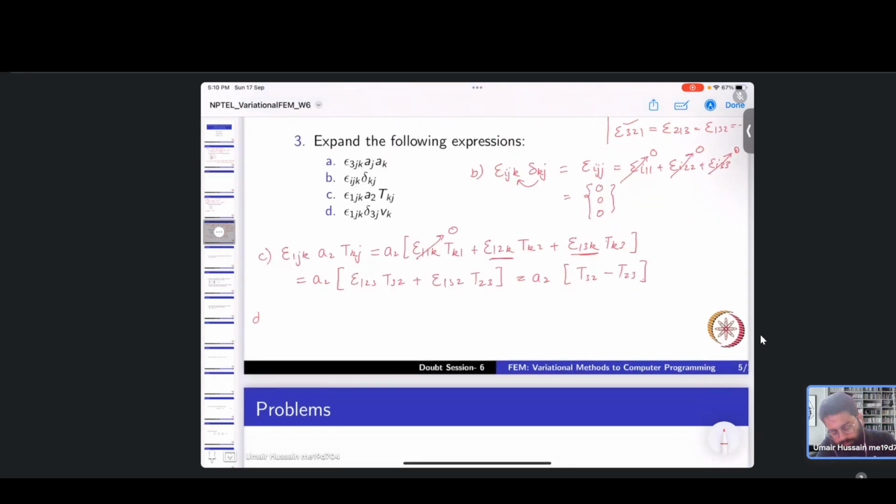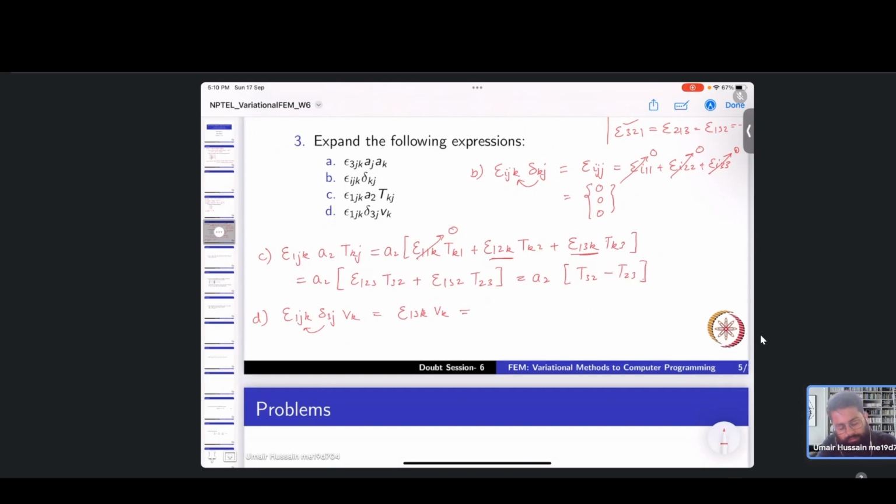Then we expand the d part, epsilon 1jk delta 3j vk. Again we apply the substitution property. We are left with epsilon 1 3k vk, and we expand it. Since we already have 1 and 3 here, k equals 1 and 3 will give us a 0 value.